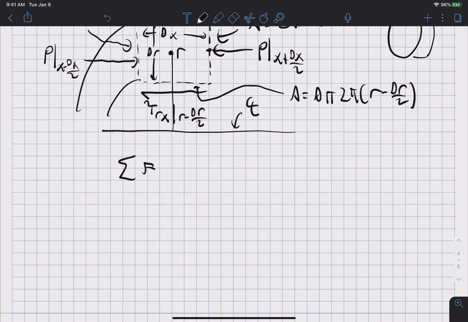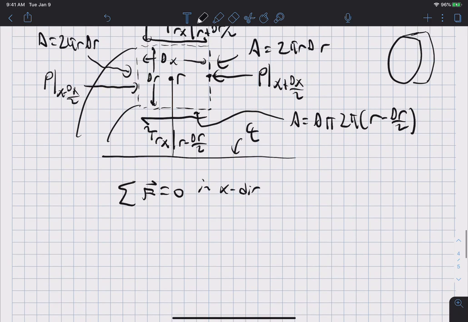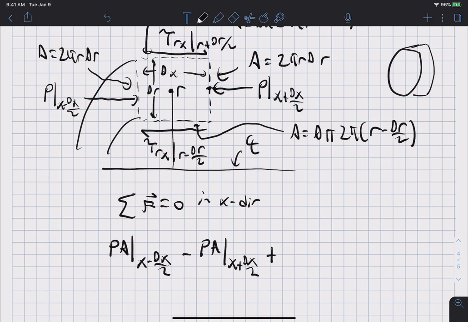So the sum of F equals 0 in the x direction, and I'm not going to prove it, but there are no y forces, and so we just sum the forces in the x direction, and so we have pressure times the area at x minus delta x over 2, and so we've taken care of this, minus pressure times area at x plus delta x over 2, so we've taken care of this, plus the shear stress acting on the top here times its area, tau Rx times area at r plus delta r over 2, minus the shear stress acting on the bottom.